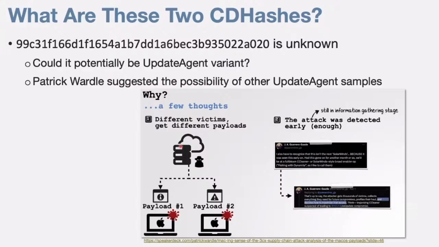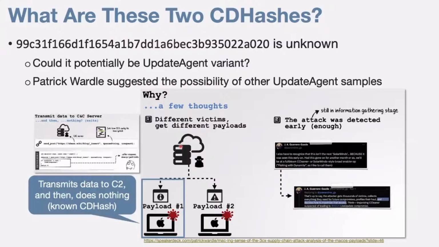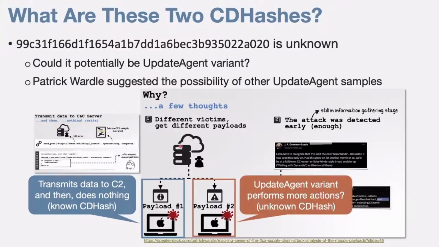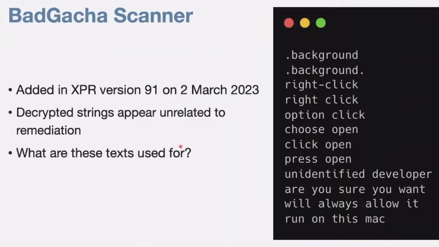This known version has limited capabilities. It only sends system information to the C2 server and doesn't perform any further actions. So Patrick Wardle suggested that there might be other more functional variants. This unknown CD hash could support his hypothesis that other more capable versions of update agent might exist.